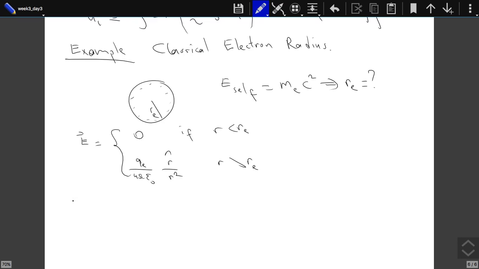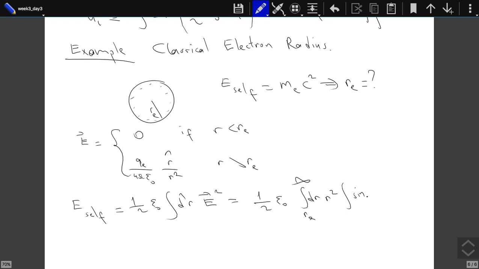So the self-energy of the electron is 1 over 2 epsilon 0, the integral d cubed r of the electric field squared, which is equal to 1 over 2 epsilon 0, the integral of dr times r squared, starting from the radius of the electron up to infinity, times sine theta d theta d phi.